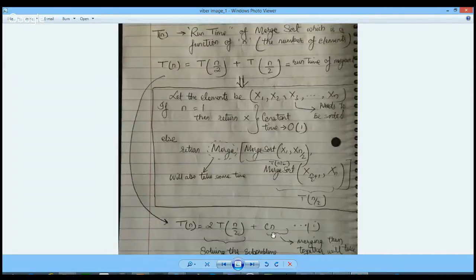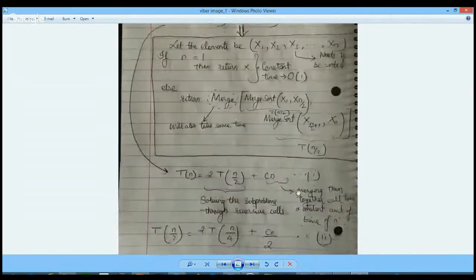This constant Cn comes out because merging the two separated lists will also take some time, and the time also depends on the number of elements in the smaller parts. So that's where the constant came from. And the 2T(n/2) is the total time taken in solving the subproblems through recursive calls.